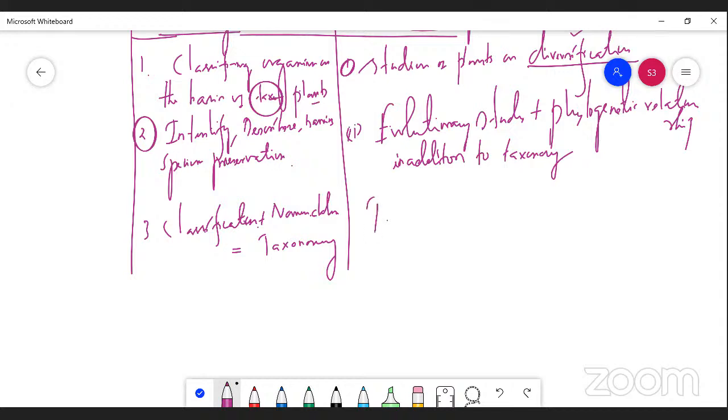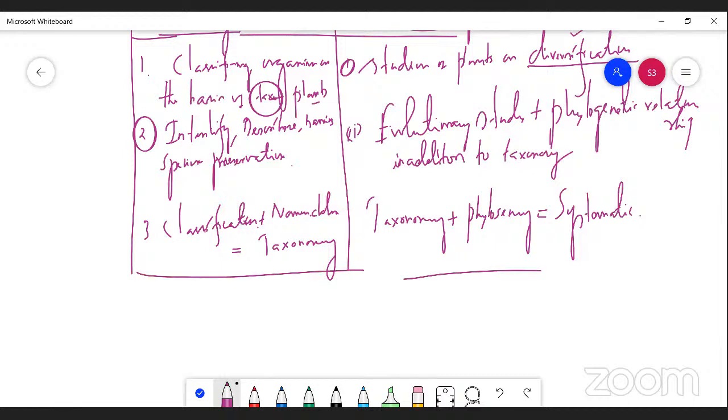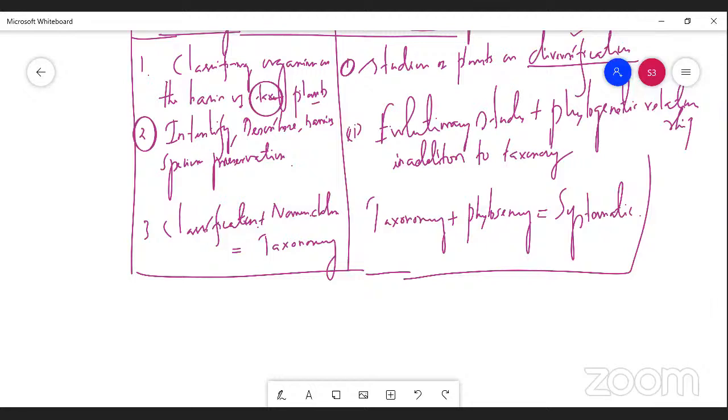Here, taxonomy along with phylogeny is equal to systematics. Okay, so those three are the differences between taxonomy and biosystematics. Next, I am going to discuss what we mean by taxonomical hierarchy.